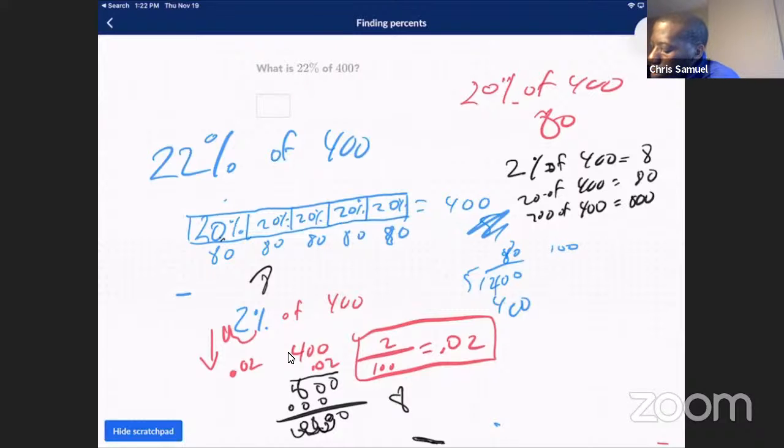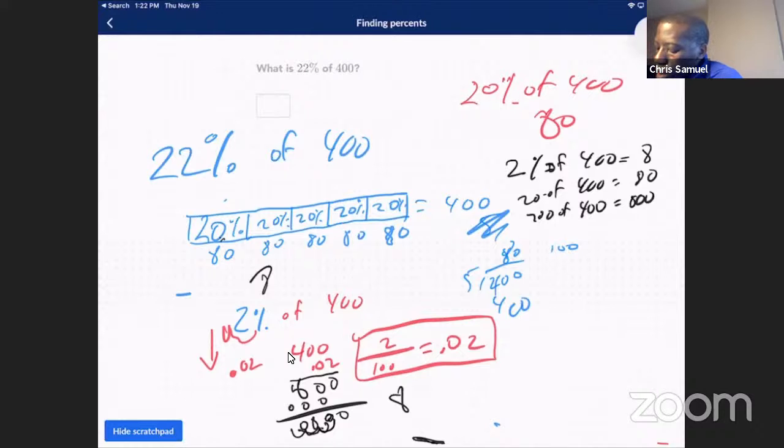So when it says 13 out of 20, it's not this. It's actually this. So we say 20 goes into 13 0 times. We bring a 0 down here. Then how many times does 20 go into 130? We know that the maximum would probably be 6, because 7 is 140.